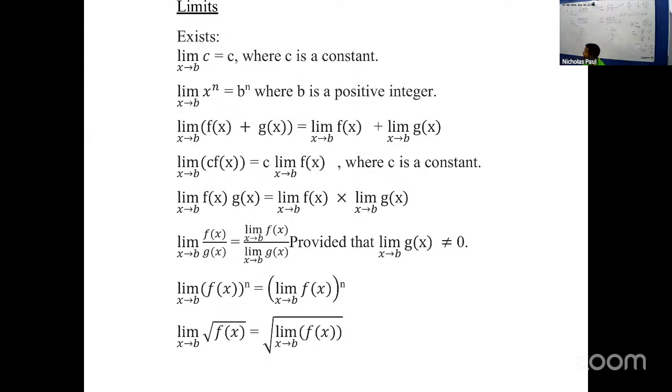Watch here. If you find the limit of a constant as x approaches b, it's just the constant. That's okay? Now it's straightforward. Anybody recognize these limits? What do they look like? You all did rules like these already.